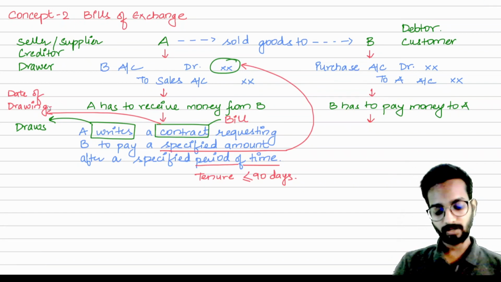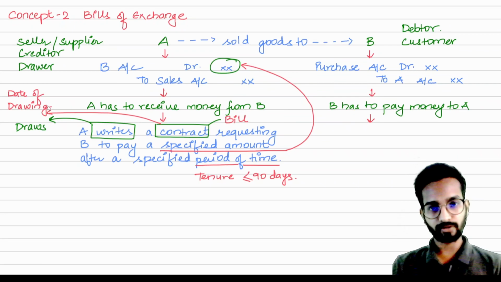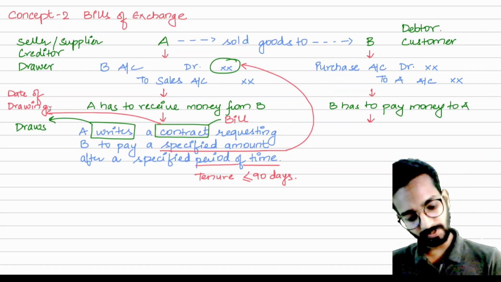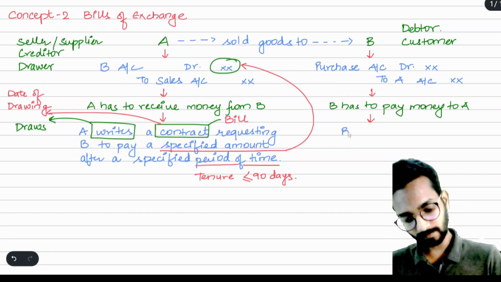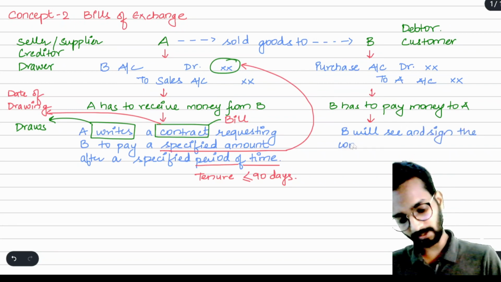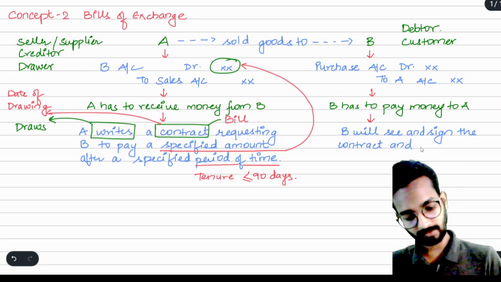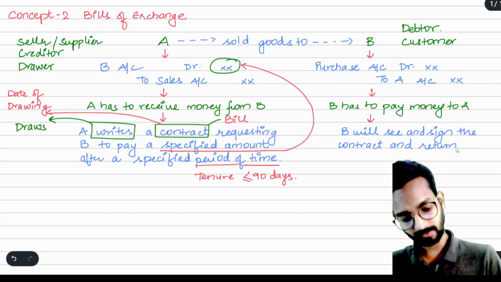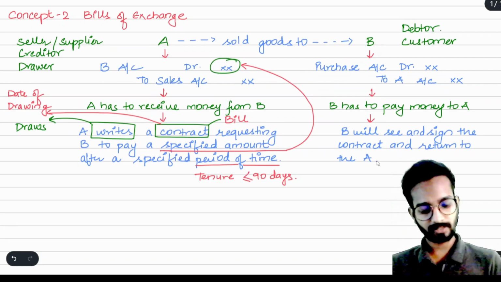Simple enough. Now, after drawing the contract, or after making the bill, A will give that bill to B. What will B do? B will see and sign the contract and return it to A, or you can say return it to the creditor.